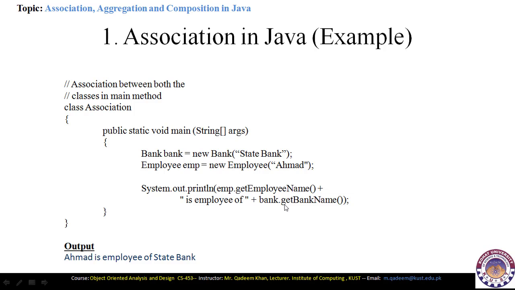This is the binary association. Now the output will be: Ahmed is the employee of State Bank, because this function returns the employee name and this function returns the bank name. So this is the binary association between these two classes, and through these two classes we are in fact sharing the information and the services or functionalities.